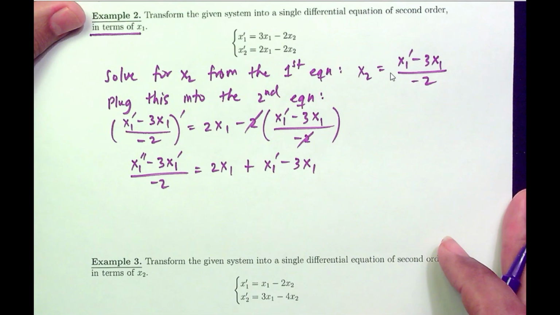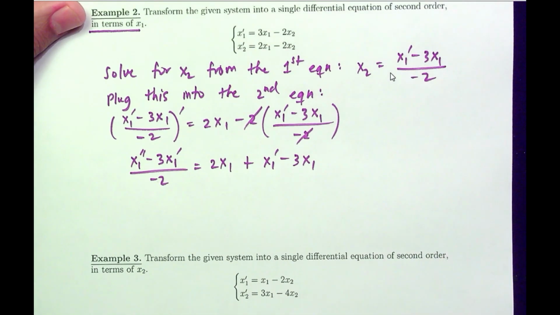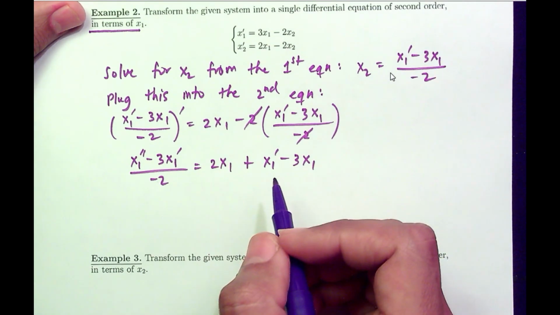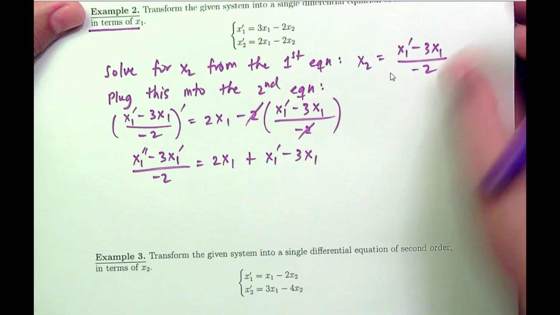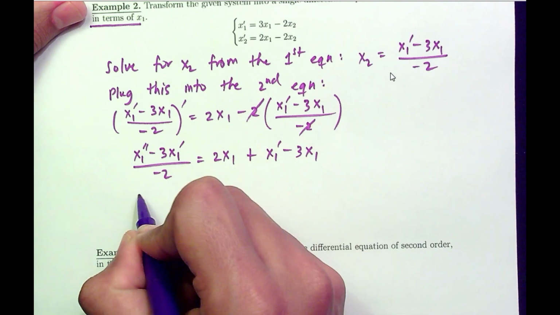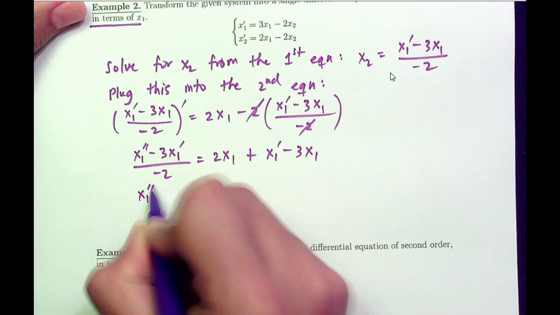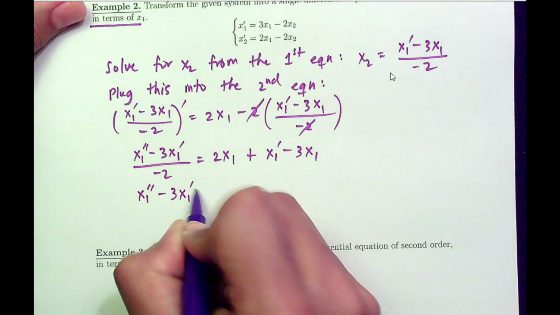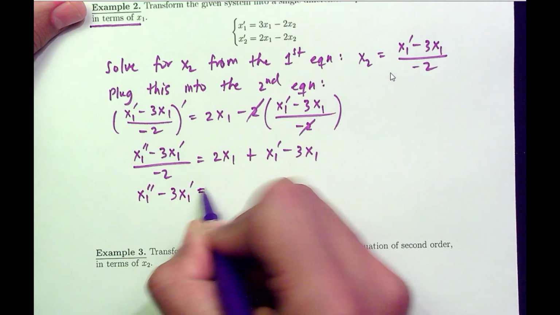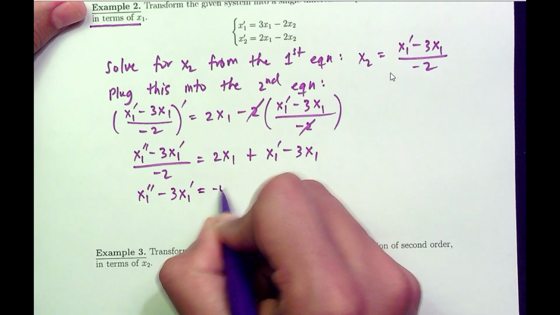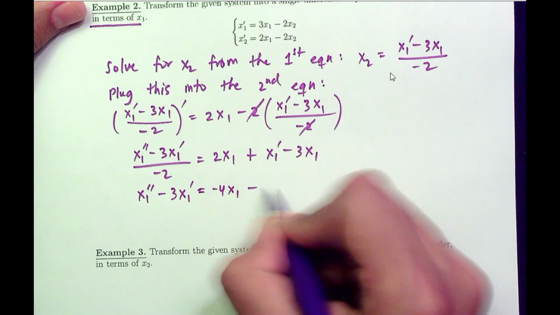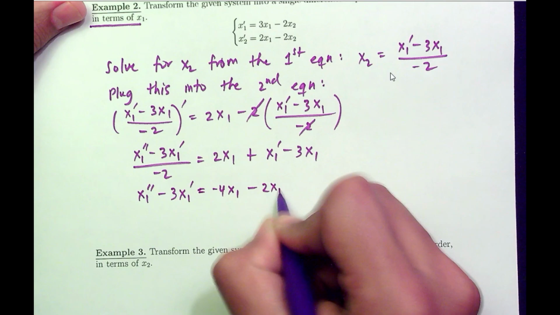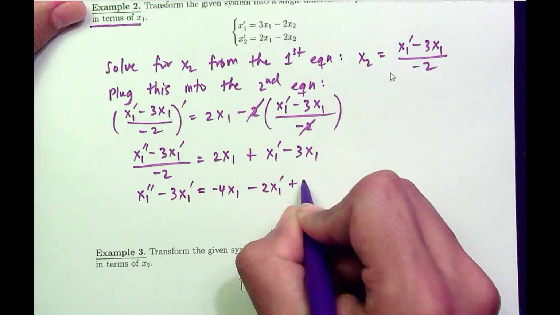Okay, now we're going to multiply both sides by negative 2 to get rid of that. So this is going to become x1 double prime minus 3x1 prime equals negative 4x1, multiplying everything by negative 2, minus 2x1 prime plus 6x1.